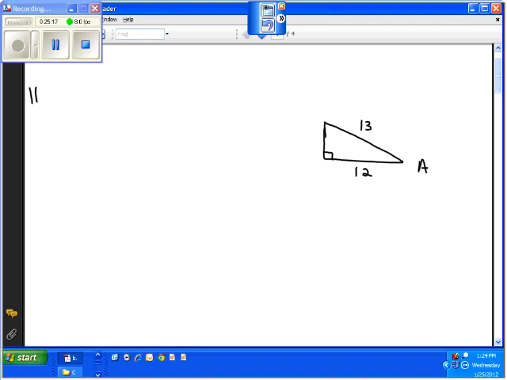We want to write the sine of angle A as a ratio. We want to write the cosine of angle A as a ratio. We want to write the tangent of angle A as a ratio. And then number 14, we'll get to it in a second.